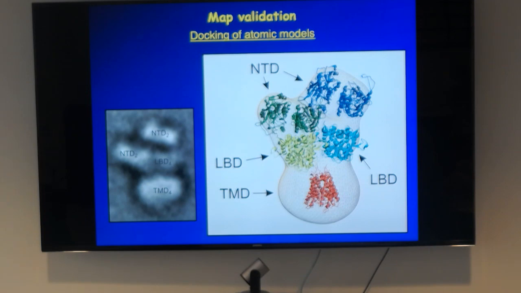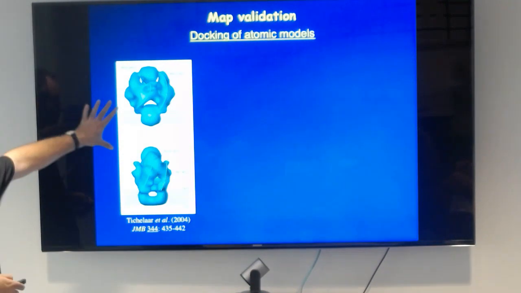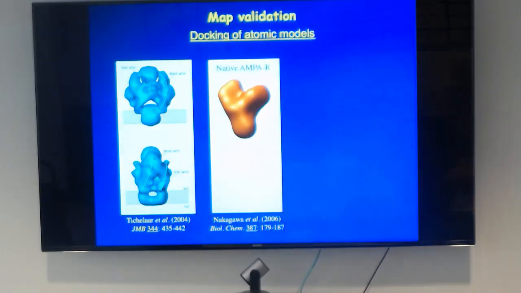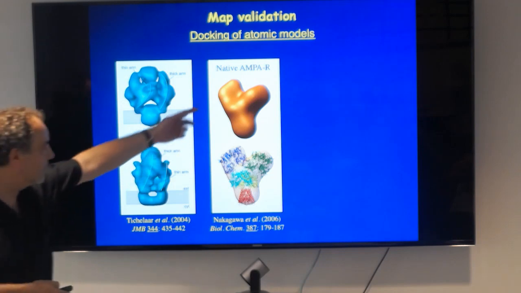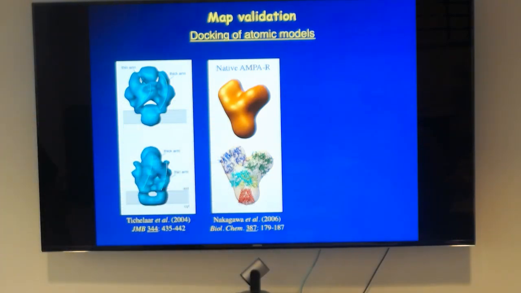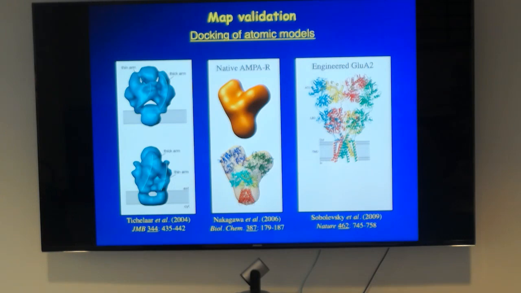But we took a lot of criticism for the structure because at the time there was also a Cryo-EM structure of the AMPA receptor. Everybody said, well, this is Cryo-EM, this must be correct, this is high resolution, but there's no way to dock any of the crystal structures in there. But our negative stain structure was much lower resolution, but all the crystal structures fit very easily. And in the end, when they got the crystal structure of the AMPA receptor, it actually confirmed what we had.